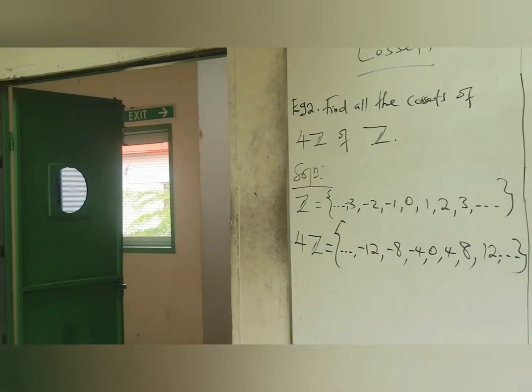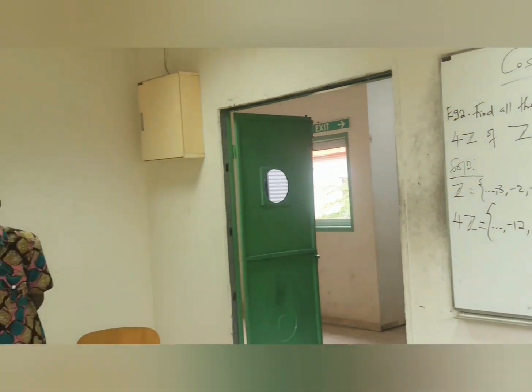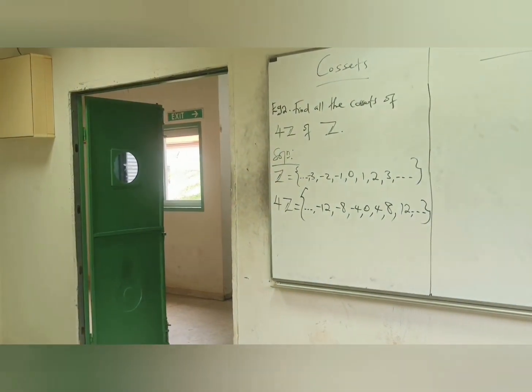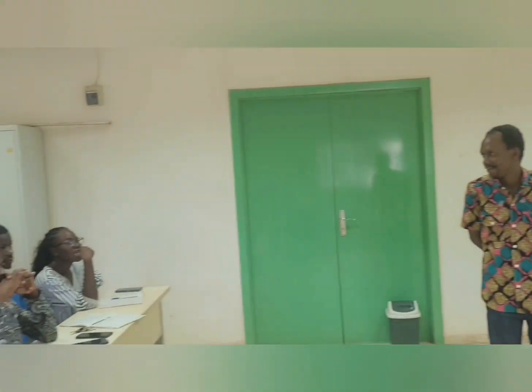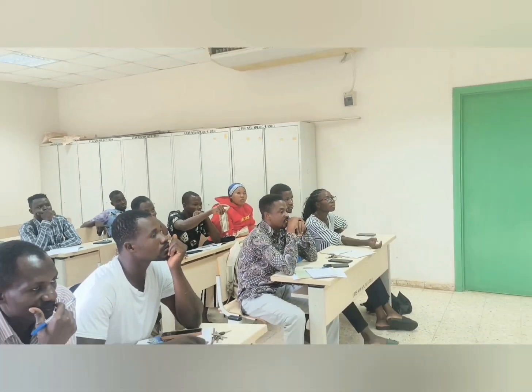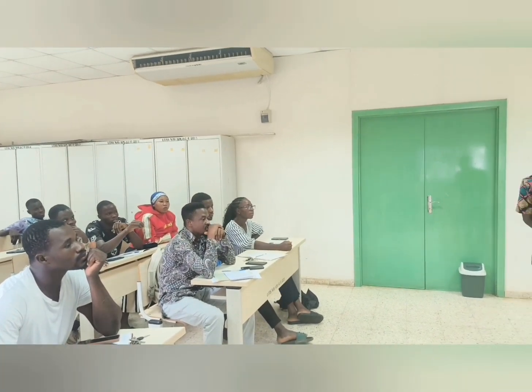So we are taking each element from the integers, the main set, and we add it to the 4Z set. When we add it, we are going to obtain all the cosets.